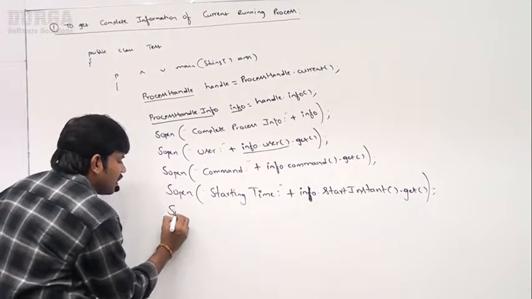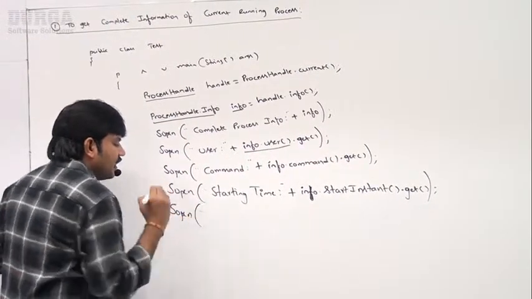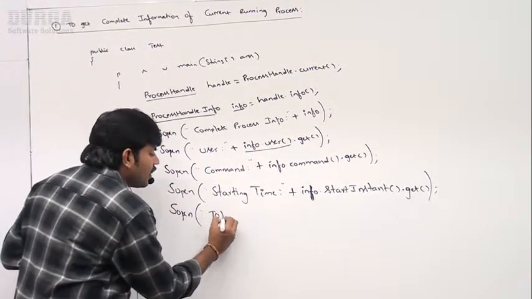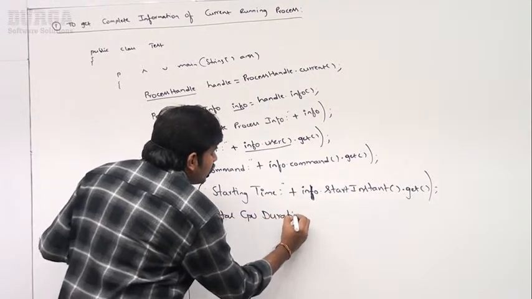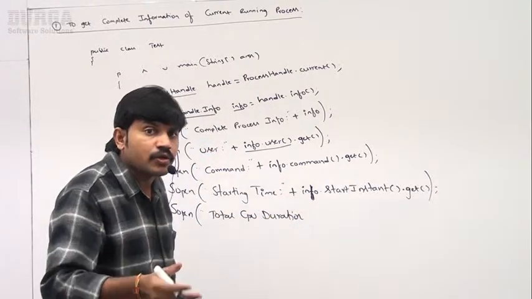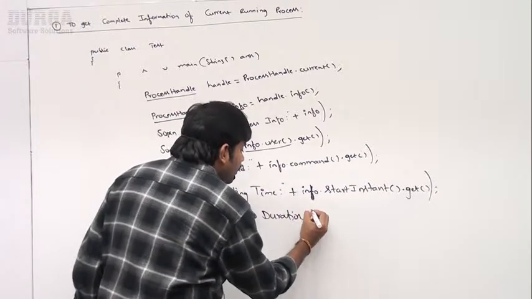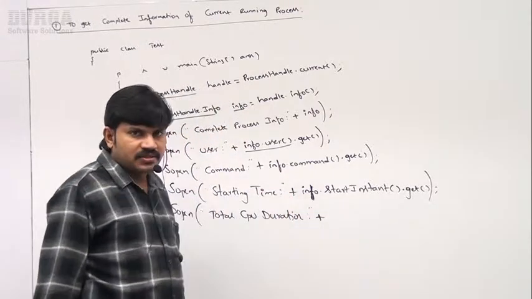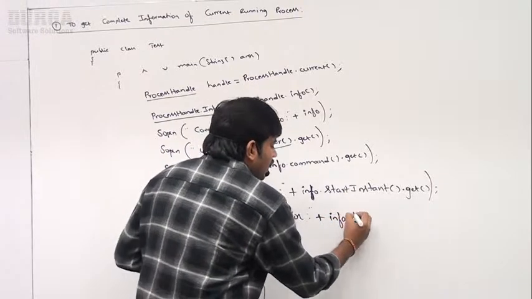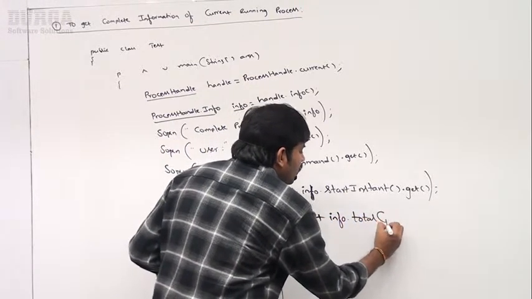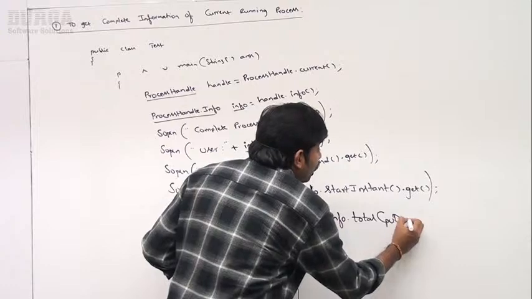Next, similarly, System.out.println. Okay, total CPU duration, used by this process. What is the way? info.totalCpuDuration().